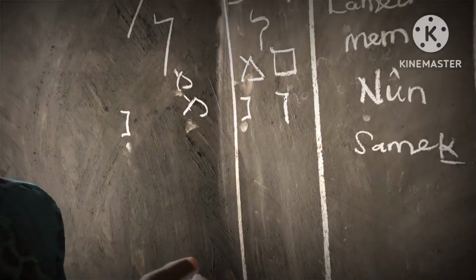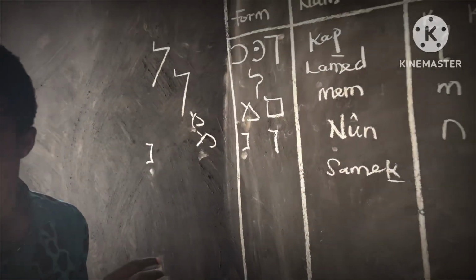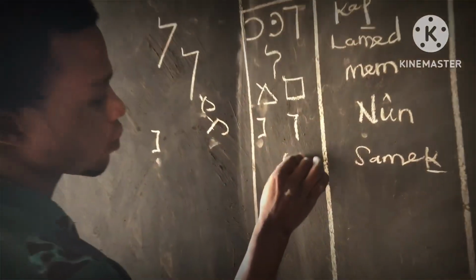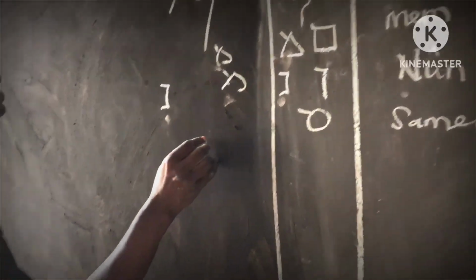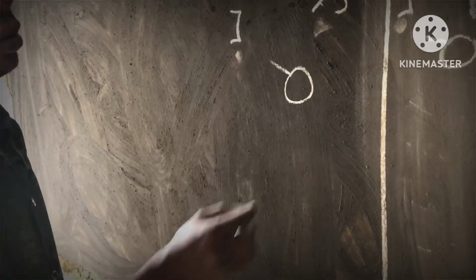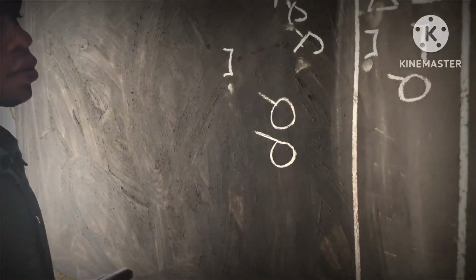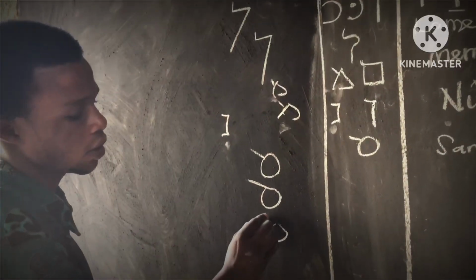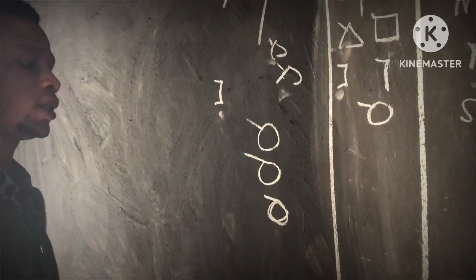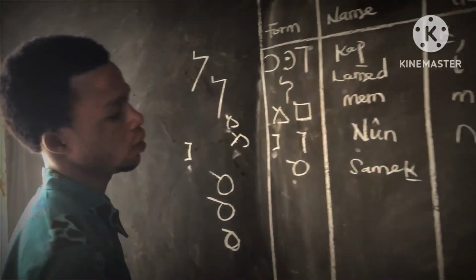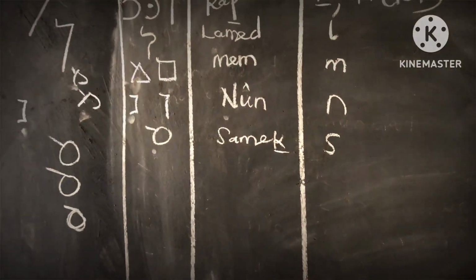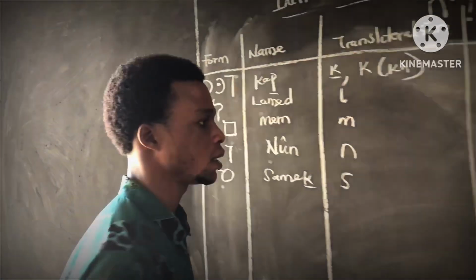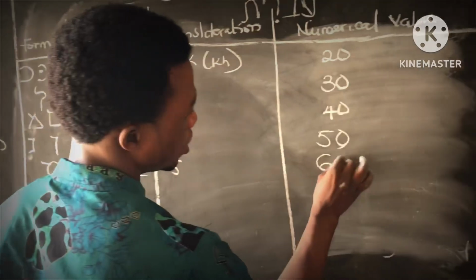You have your zero as this. So this is samek. Samek is just a simple soft S, and it is number 60.